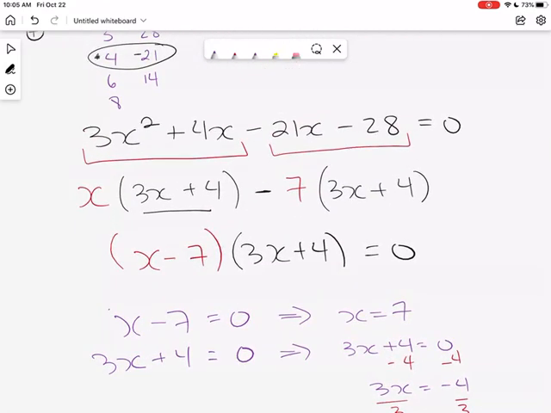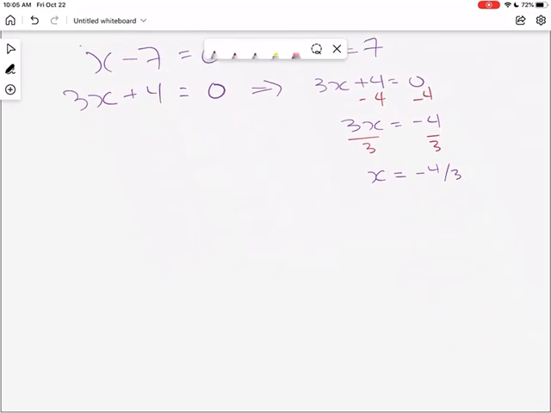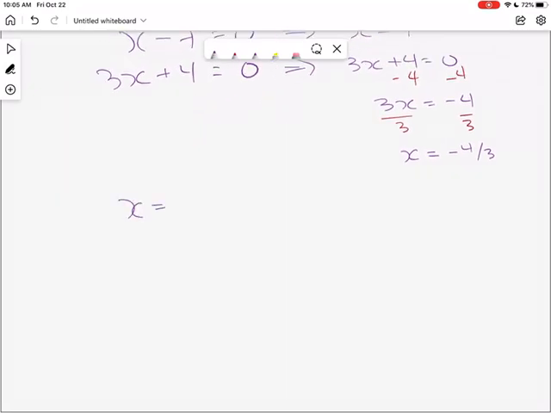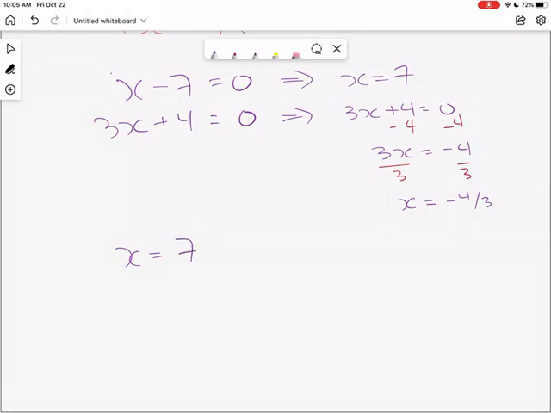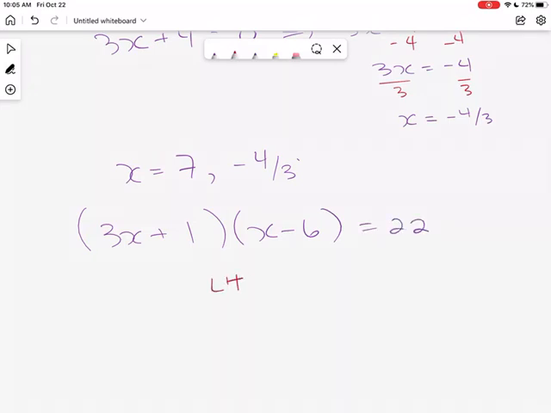So my solutions for my original equation, which is up here, 3x plus 1 times x minus 6 equals 22. If I substitute now x equals positive 7 and negative 4 over 3 into my original equation, the left-hand side should equal the right-hand side.